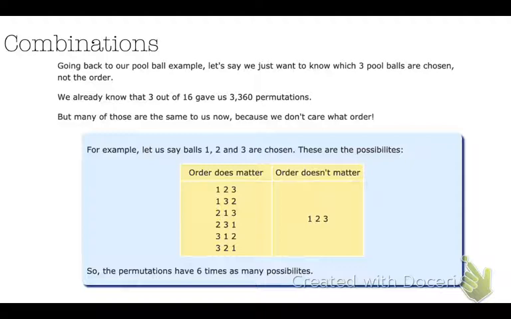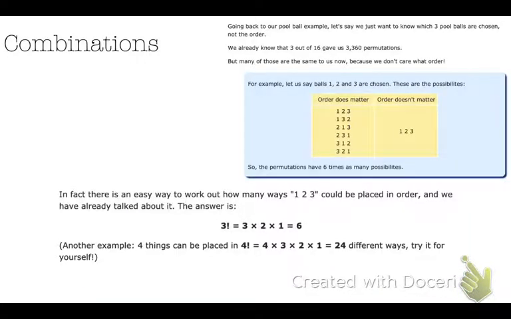If order matters, we have 6 different possibilities here. But with combinations, order doesn't matter, so we really only have 1 possibility there. Okay, so that's going to change this a little bit.